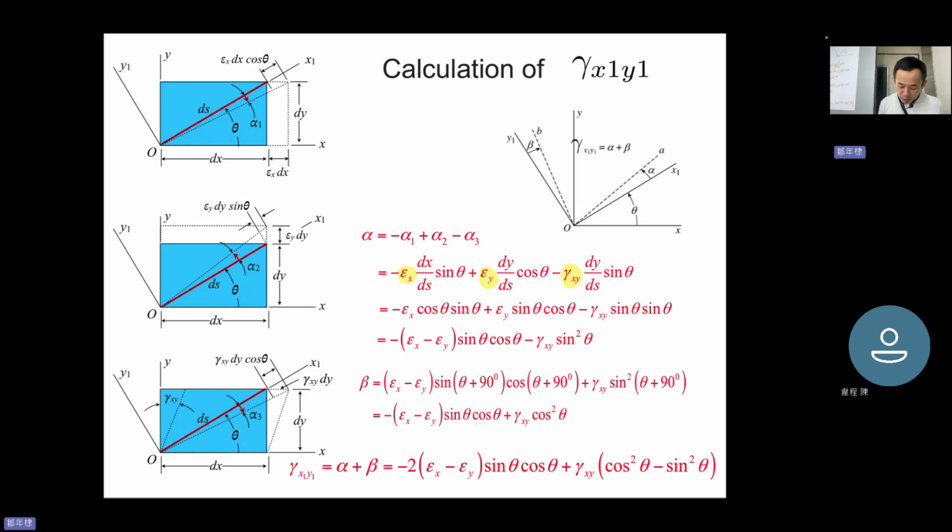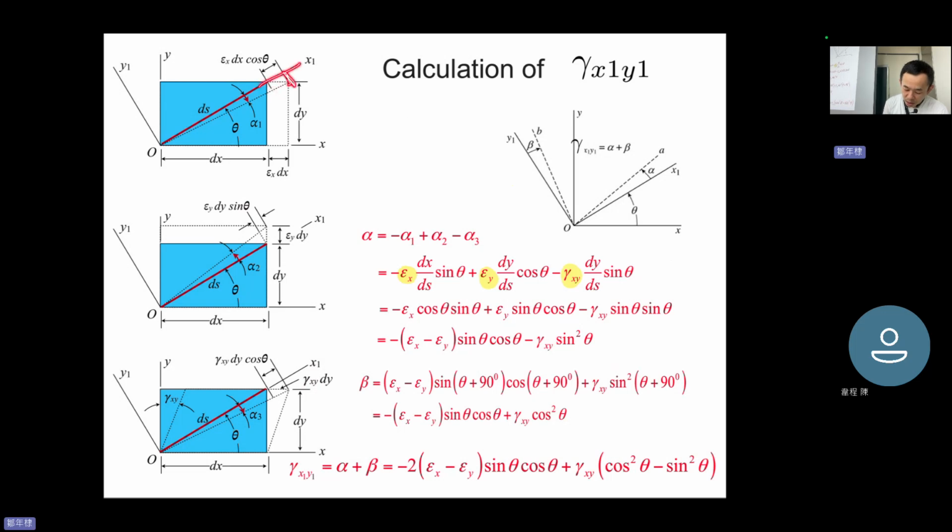So what is gamma x1 y1? Of course, it's the angle rotation of x1. Due to epsilon x dx, this point will rotate to this point.